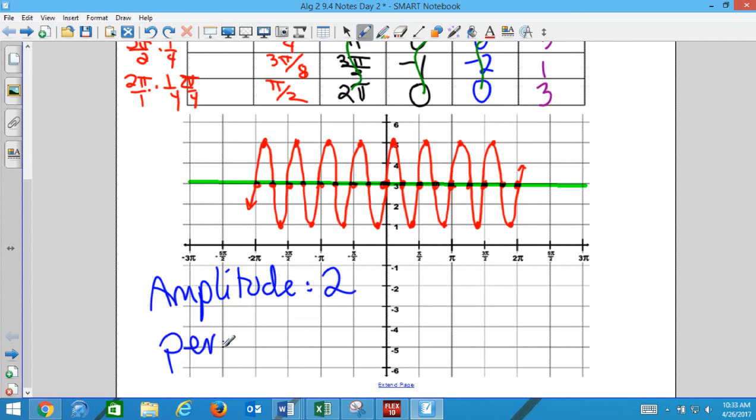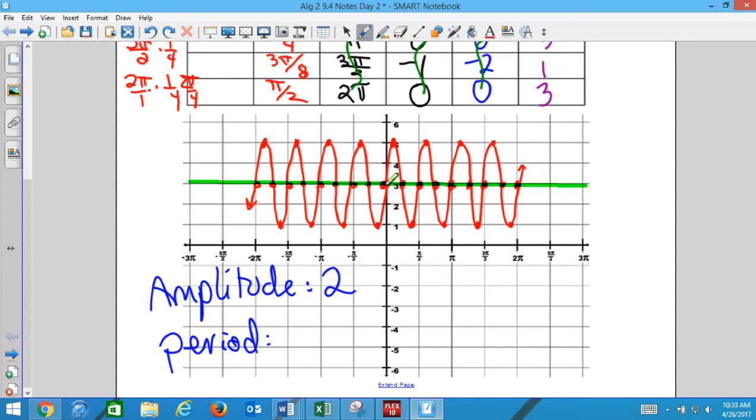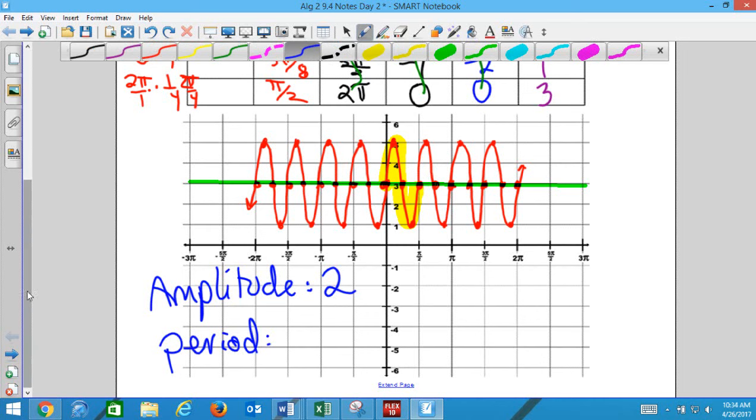And then the period is how long one cycle is. So my very first points that I graphed were this. So it's horizontally how long it is. From start to finish horizontally, this is pi over 2. So we could look at the graph and figure it out. Sometimes it's a little harder to look at the graph and figure it out. This one's not, but sometimes it's harder to do.